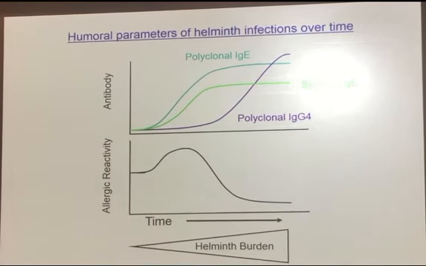So when people get infected with filaria or any tissue-invasive worm, they will often present with allergic symptoms because essentially they're having an allergic response to the worm. But what this graphic shows is that over time, and really this is months to years, the allergic responses to the worm become attenuated. And if you look at endemic populations, they have very few allergic manifestations to the worms that they are infected with. And that is associated with a higher helminth burden.